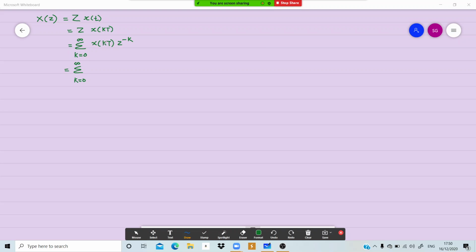Now this is telling you the value of x at time kt. Instead of that, we can say for the first pulse what is the value, for the second pulse what is the value, for the third pulse what is the value of the signal with respect to time. All these form your digital signal, and k is equal to 0 or rather 1, this is the 0th, then 1, second, third, fourth.